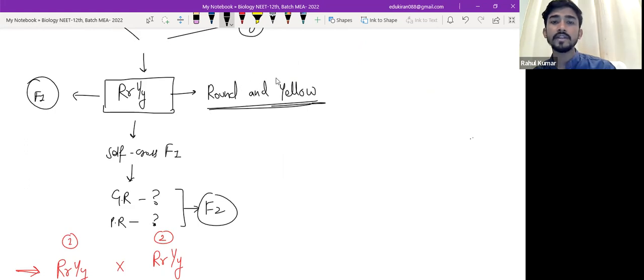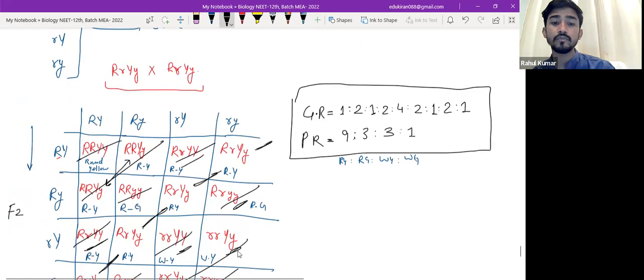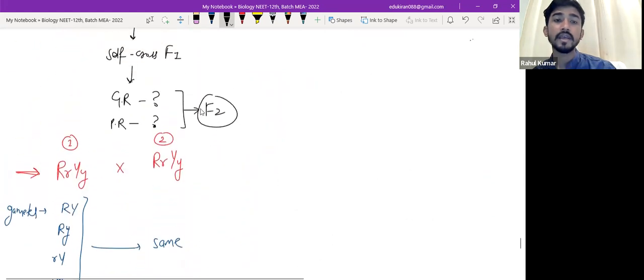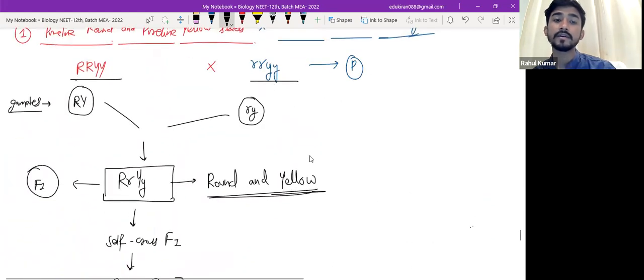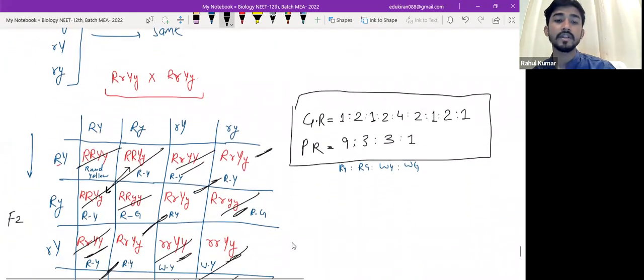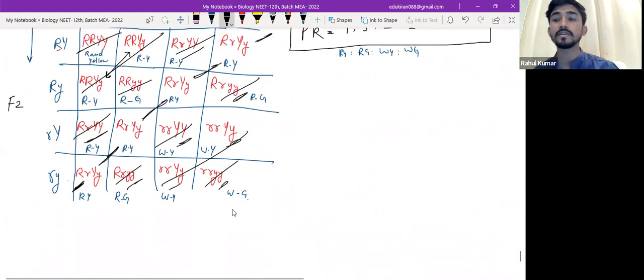And from round and yellow parents, which we self-crossed, in F2 we got wrinkled and green. This character was not there in F1.